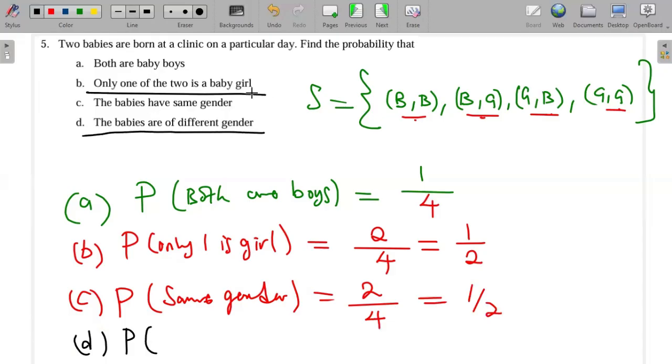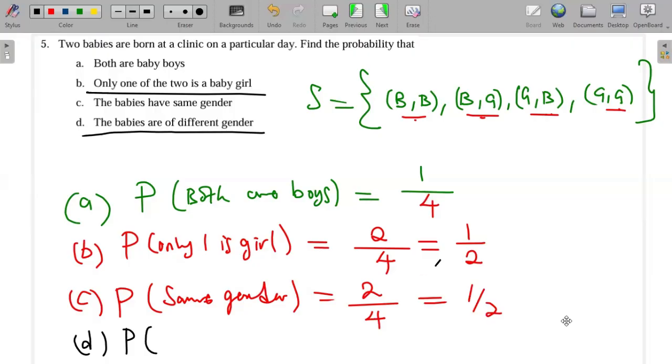Is there any difference there? On part B, they said only one of the two is a baby girl, meaning the other one should be a boy. And then on D, they're saying the babies are of different gender. So what's the difference between those two statements?